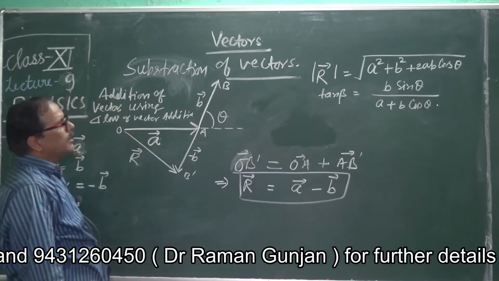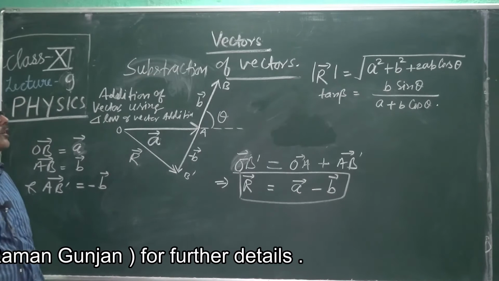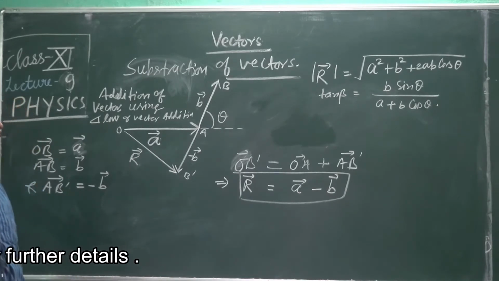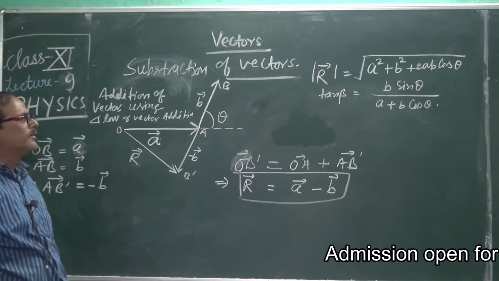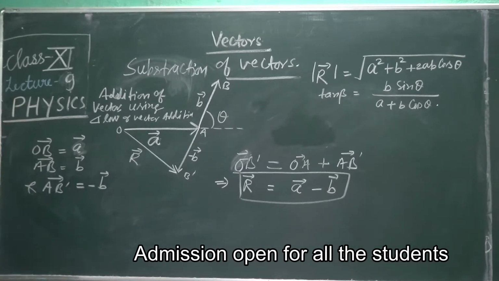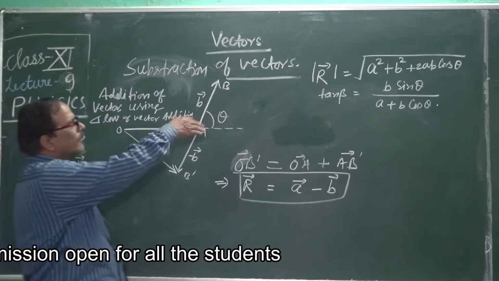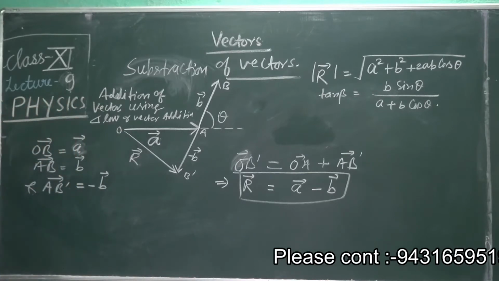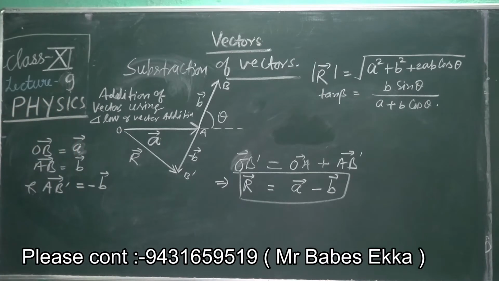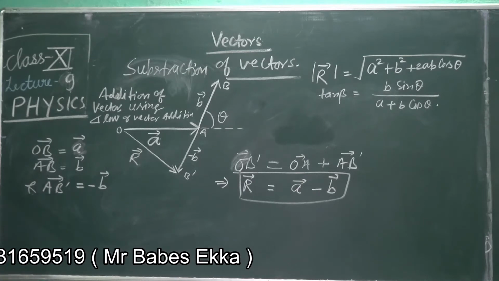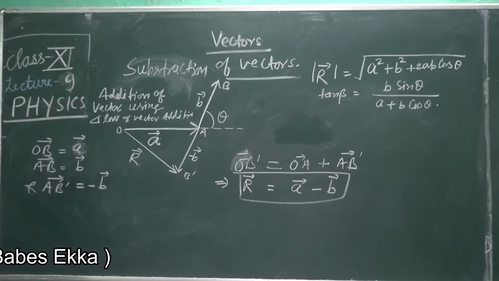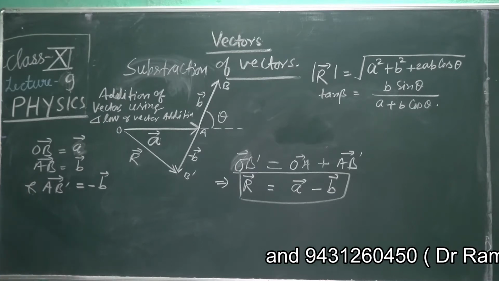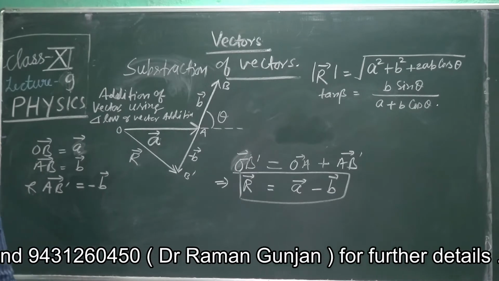This is the resultant of addition of two vectors, vector A, vector B, and theta is the angle between them. We apply this formula to find the magnitude of resultant when one vector is subtracted from the second vector.